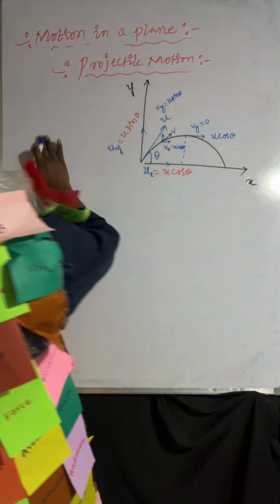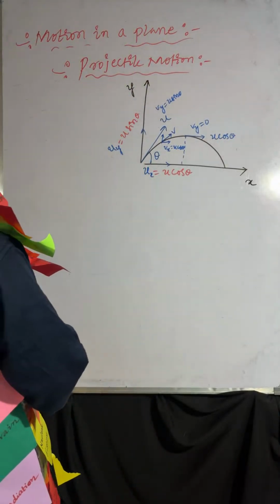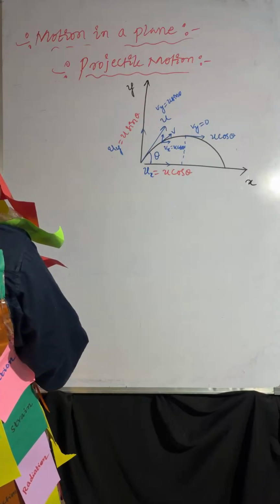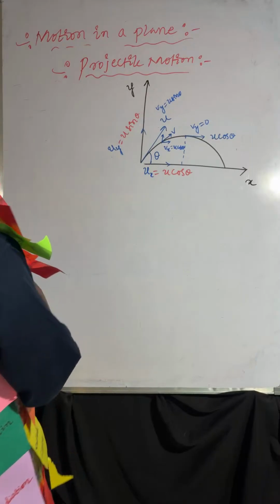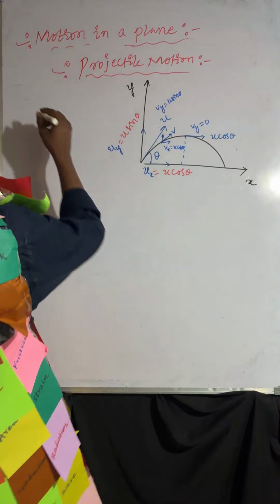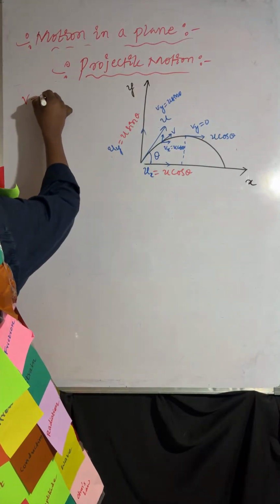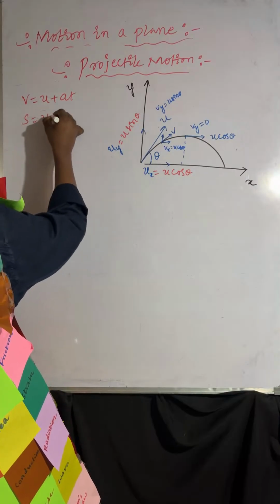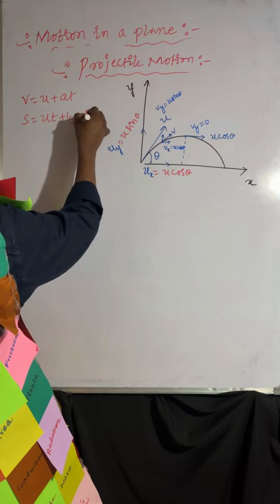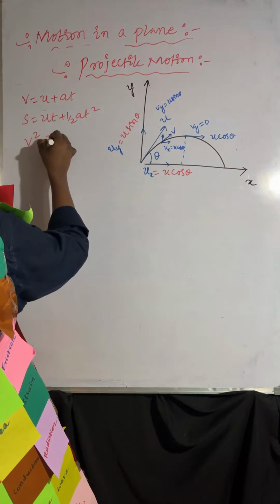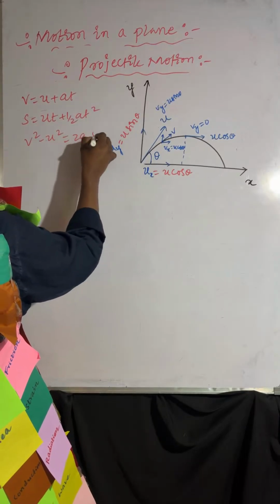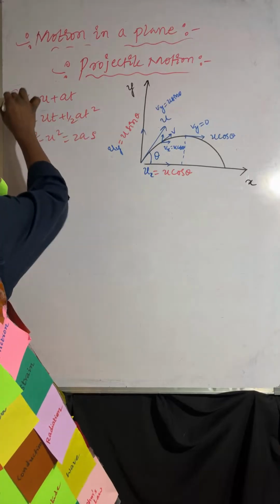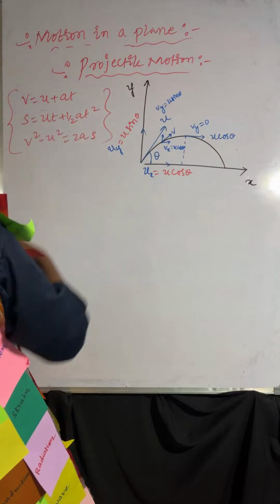Now you can see, we know the kinematic equations: v equals u plus at, s equals ut plus half at square, and v square minus u square equals 2as. These are the equations of motion.